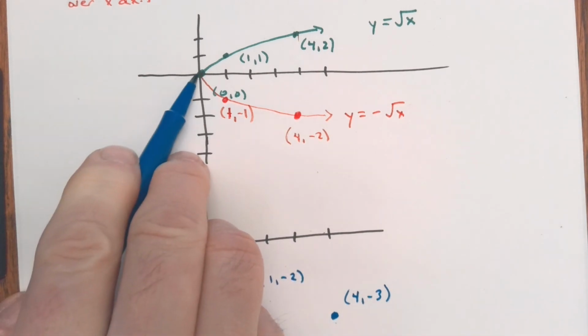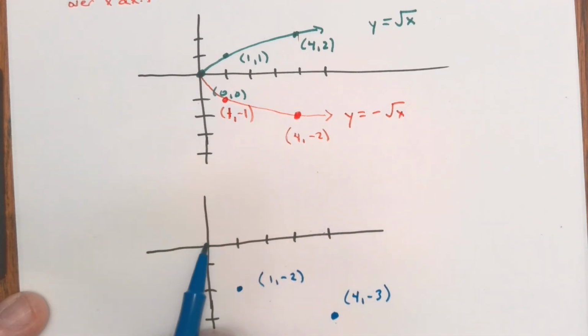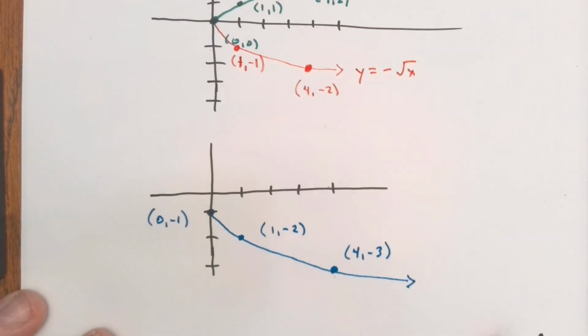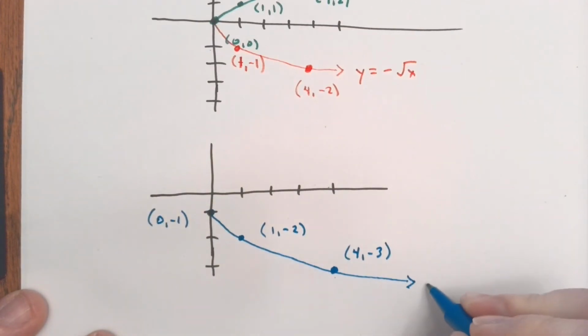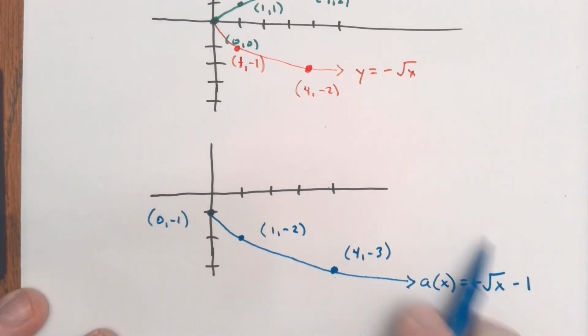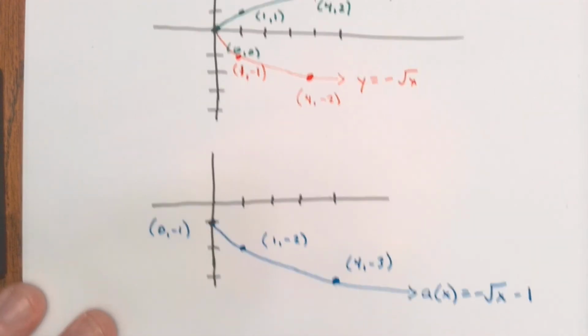And if I take 0, 0, slide that down 1 unit, that would be the point 0, negative 1. And our graph would look something like that. So this is our graph for this function. This is our final answer.